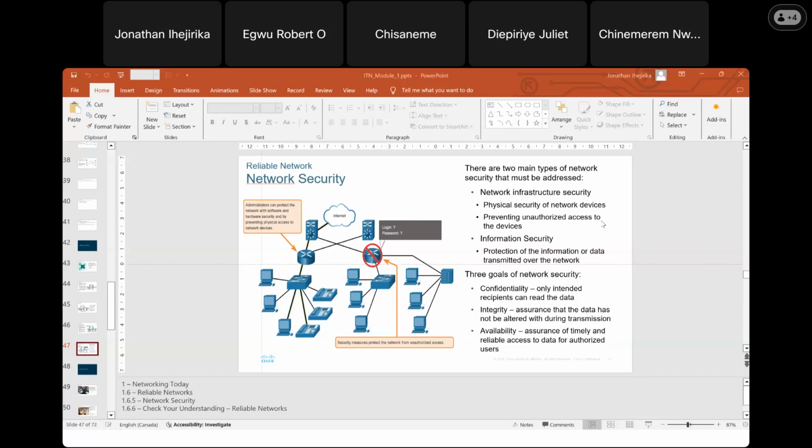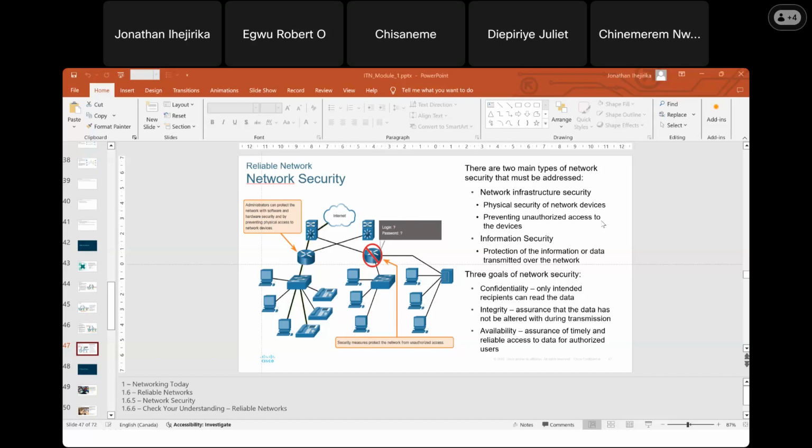Three goals of network security. Confidentiality: only intended recipients can read the data. If I am sending information from PC A to PC B, I want only PC B to receive that information without any other PC receiving it. The information has to be confidential.